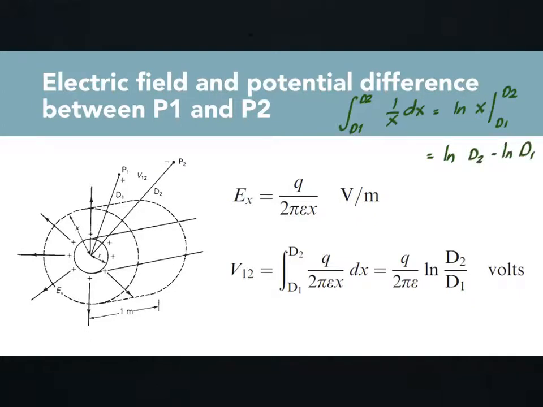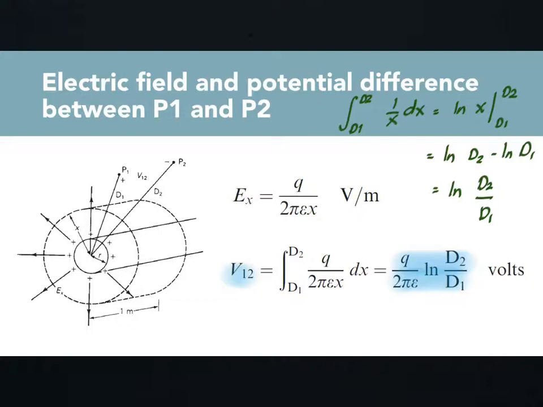Properties of natural logarithms give us ln of D2 over D1. So, after integrating, V12 will give us Q over 2 pi epsilon times ln of D2 over D1. So, that's the electric field, and the voltage or potential between P1 and P2.